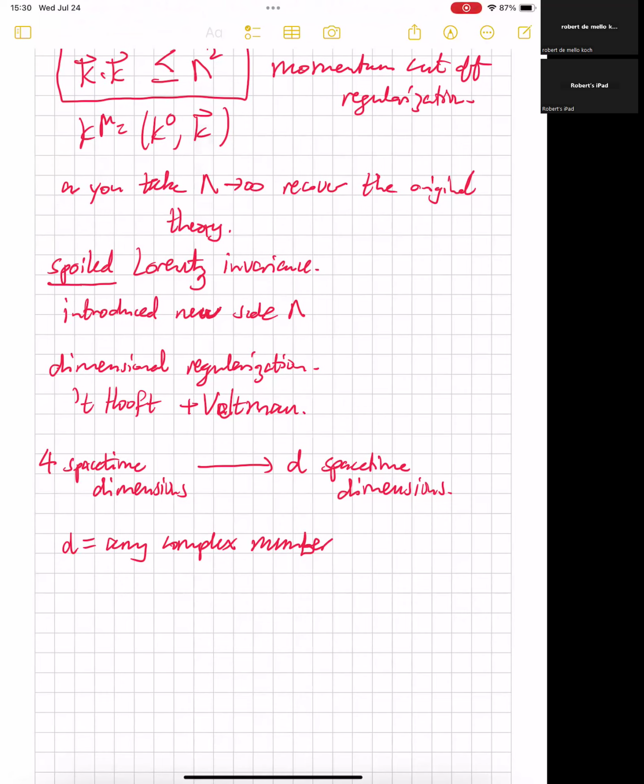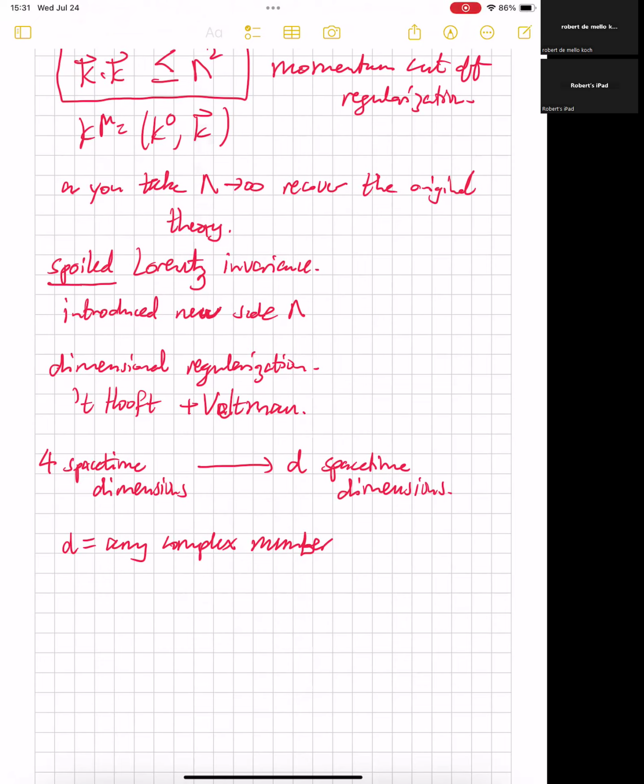Even more than that, they say you could be in 2 plus i dimensions. So you could even be in a complex number of dimensions. And what we will find is, if you calculate quantities in d dimensions, in general, they are finite, well-defined numbers. So our integrals will converge nicely. But when we set d equal to 4, the infinities will reappear.